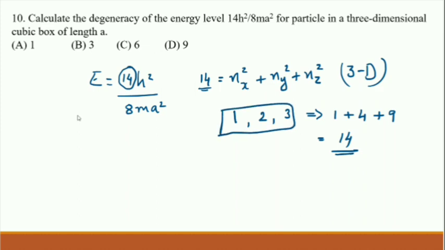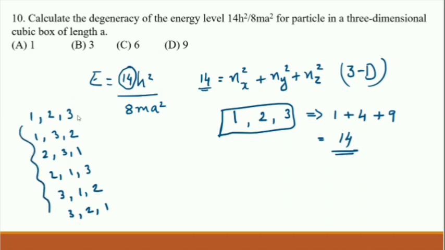In how many ways can we arrange 1, 2, 3? 1, 2, 3, then 1, 3, 2, then 2, 3, 1, 2, 1, 3. Then starting from 3: 3, 1, 2 and 3, 2, 1. So total 6 arrangements, and the degeneracy will be 6.